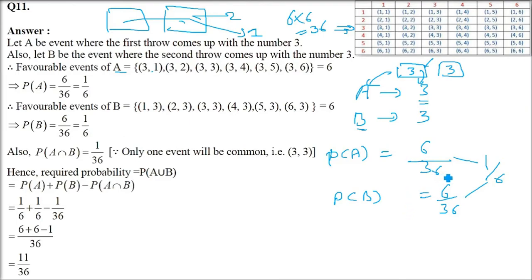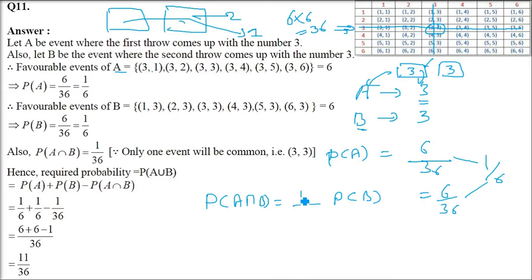Now what will be the intersection, A and B? What is common between them? You see, 3,3 is common in both of these. The other way is to take this row and then take this column. The intersection is the common element, a common elementary event. So P(A intersection B) is only 1.